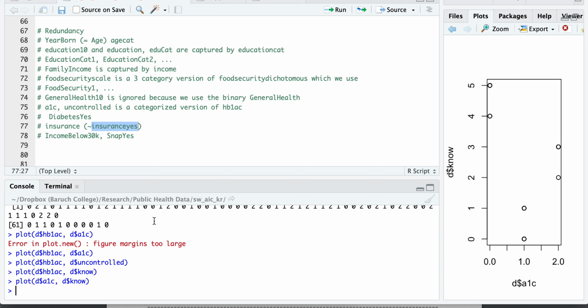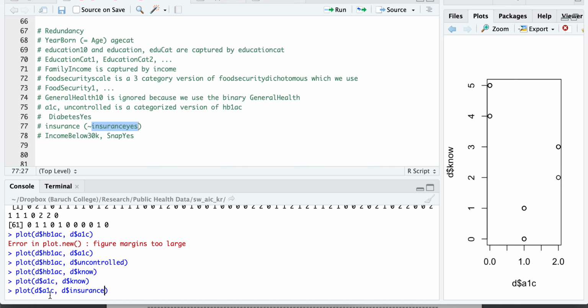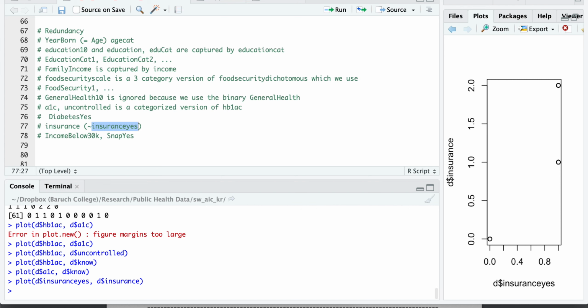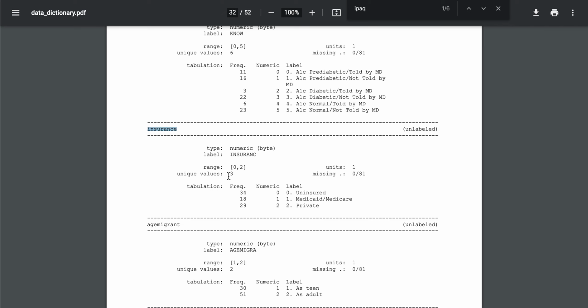Let's see. We have insurance, and we have insurance, yes. So instead of insurance, we use insurance, yes. So we don't really distinguish between Medicaid and Medicare and private. Maybe we should do it. So let's actually do that.